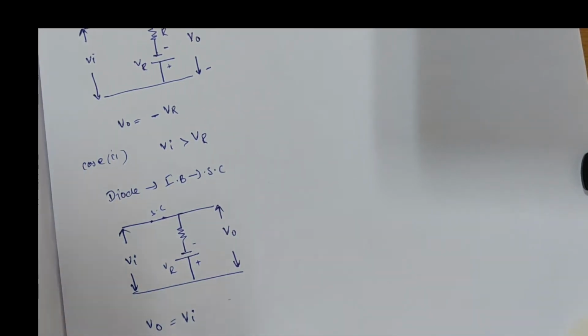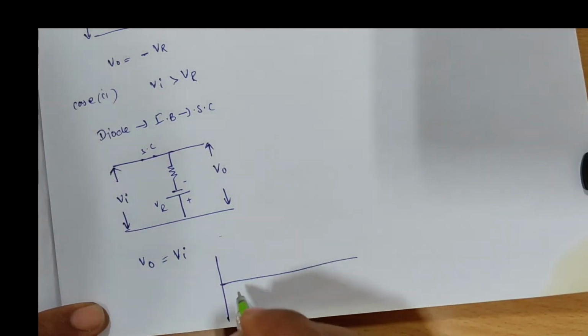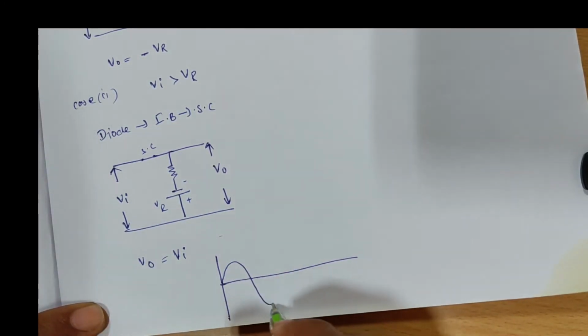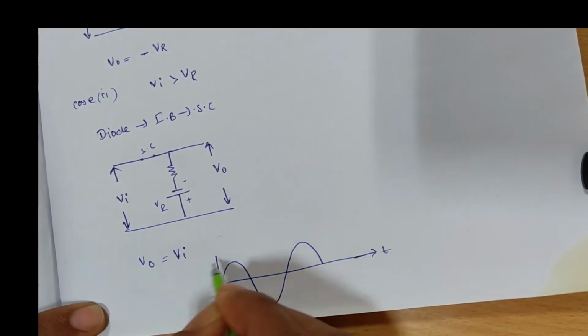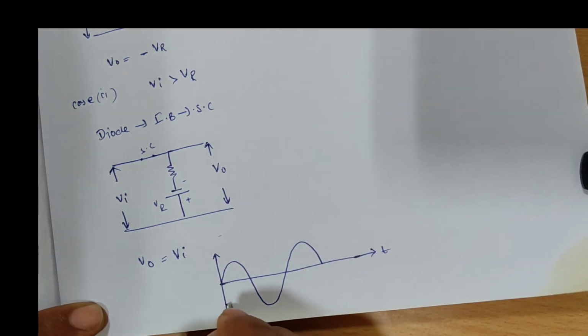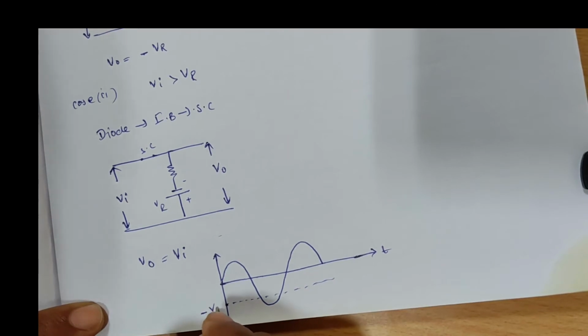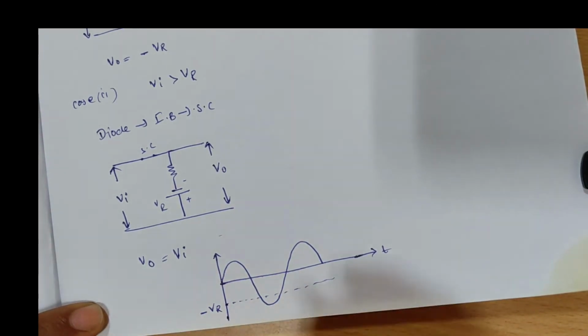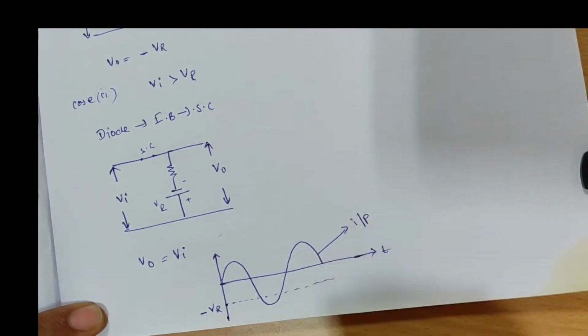So from this we can draw the output waveform. This is my input signal. And here we are applying the minus VR, represented here. This is my minus VR. Here I am indicating the output signal.